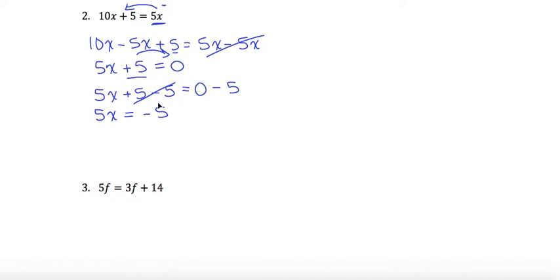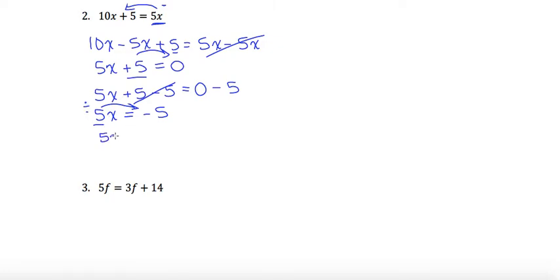So the next thing that I want to do is isolate my x still. Right now I have a 5 times an x. So the opposite of multiplying is dividing. So I'm going to divide both sides by 5.